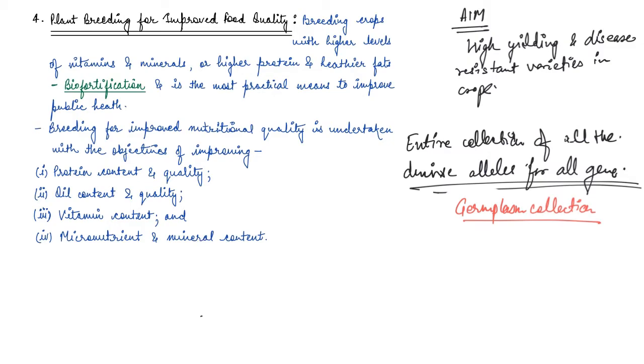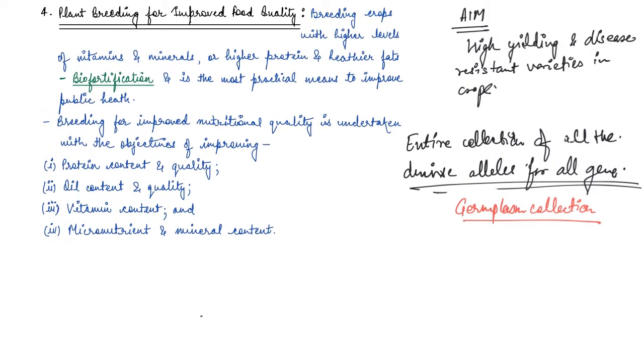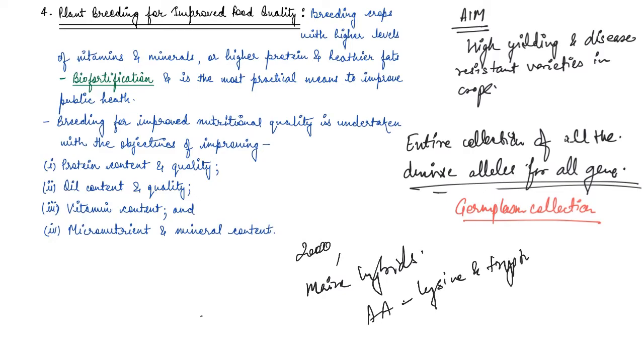Guys, we have certain examples for these. Say there is a maize hybrid. In 2000, maize hybrids were created that had twice the amount of amino acids, lysine and tryptophan, right?